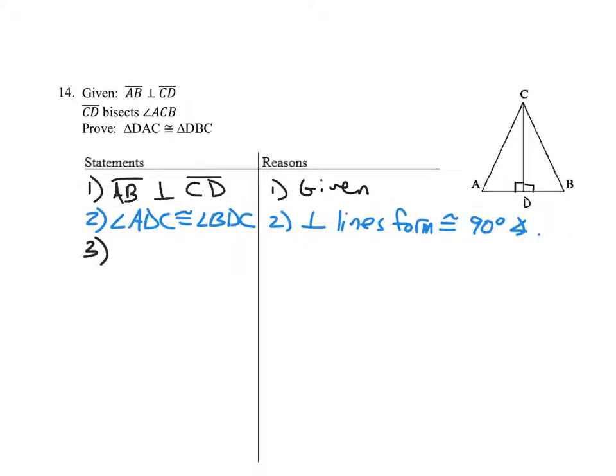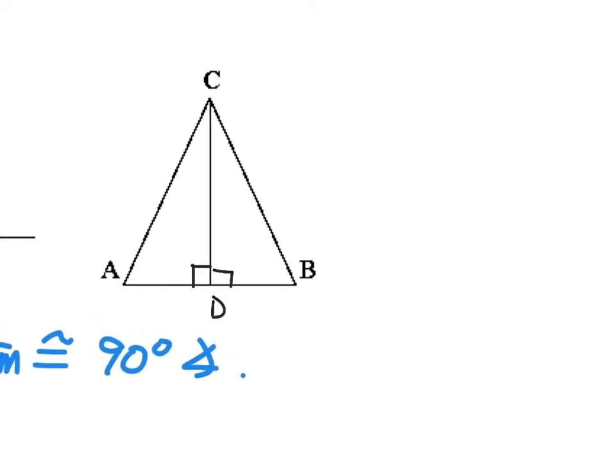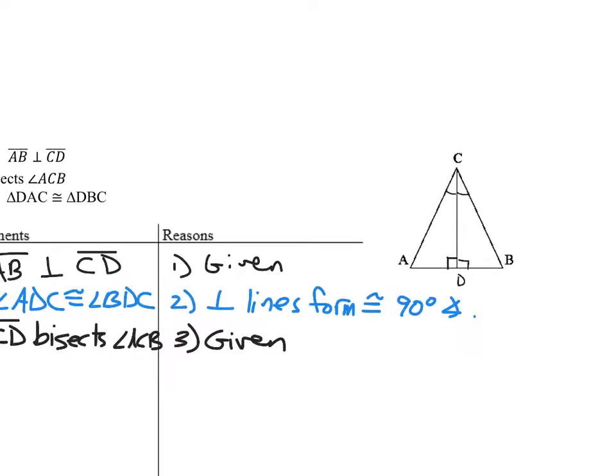All right. So step 3 this time is going to be that CD bisects angle ACB. That's a given. So CD, ACB. Okay, so we've worked with that before. ACB is right up at the vertex angle. So we're looking at an angle bisector.